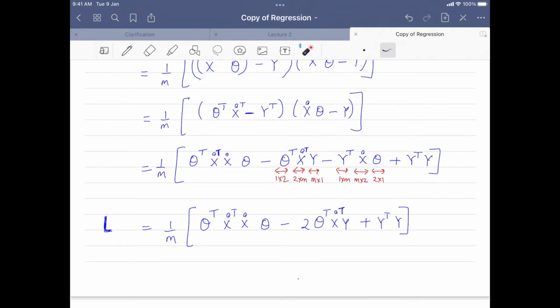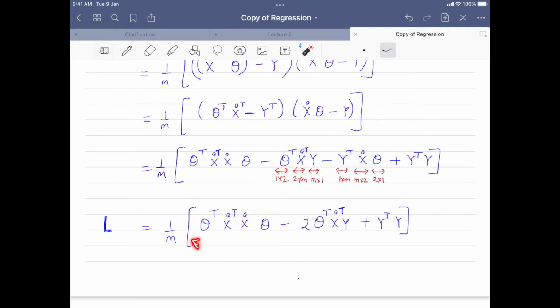And the second thing you will see is if you check the dimensions of these matrices, the complete dimension will be 1 cross 1, and here also it will be 1 cross 1. So it's a single value on both sides. This one is a single value, this is also a single value and a scalar. So if it's a scalar value, then obviously you can take any one of them, and since these two are the same values, I am taking this one, so that's why 2 is coming over here.